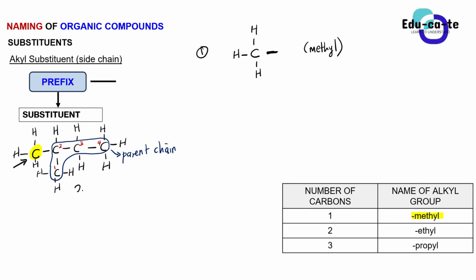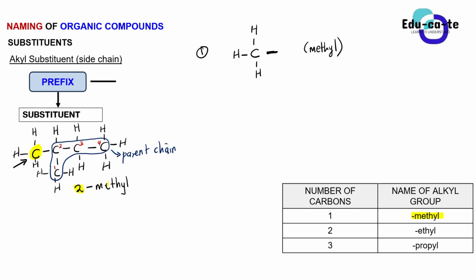When I write 2-methyl, I'm saying that on carbon number 2 in this molecule I have a methyl group, a side chain or alkyl substituent that consists of 1 carbon bonded to 3 hydrogens. So this is 2-methyl.